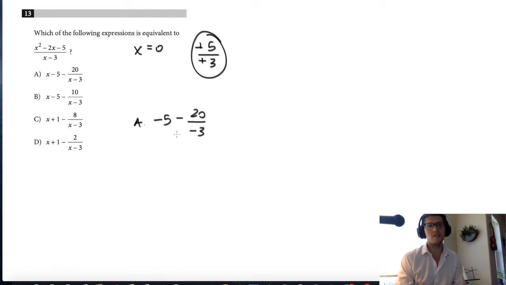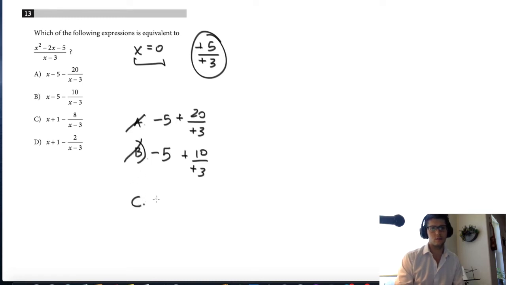Now, even if you don't feel like changing the signs, as long as you know that 20 over 3 isn't equal to positive 5, then you're done. Like, you need to get to 0, so you need these things to cancel. The same thing with B. You would get x equals 0, so negative 5 minus 10 over negative 3. So, I mean, cool, we're adding 10 thirds, but 10 thirds doesn't get us back to 0.